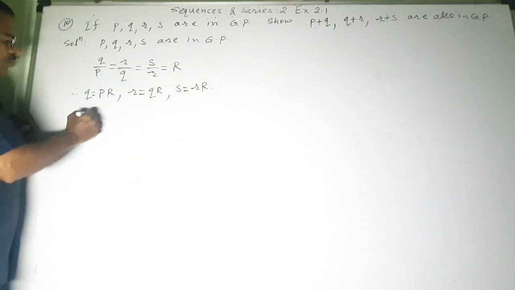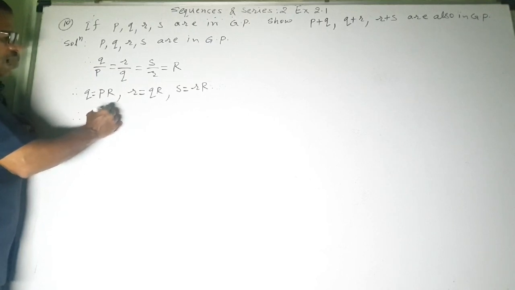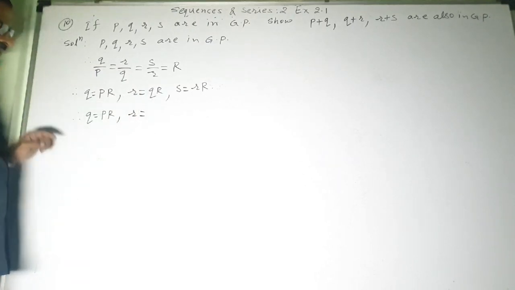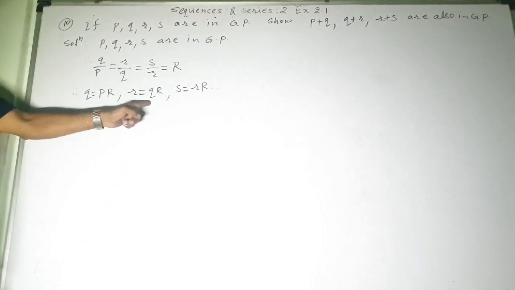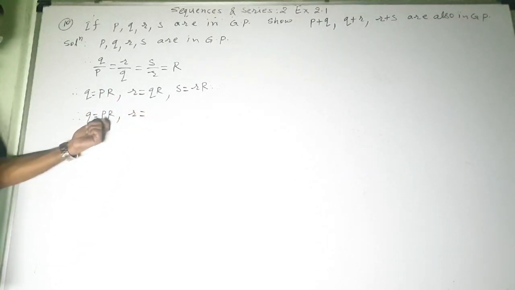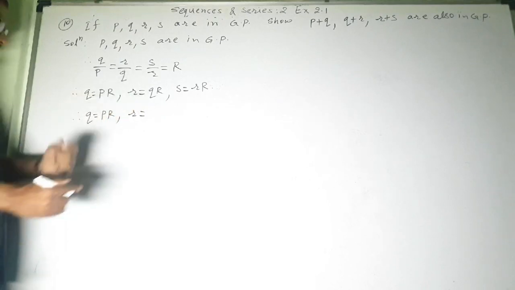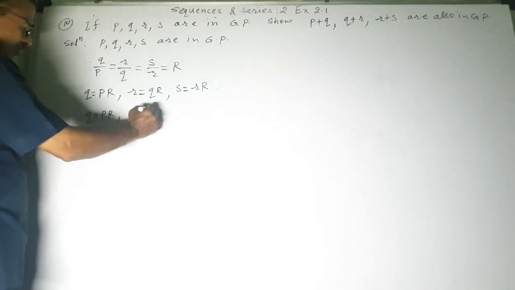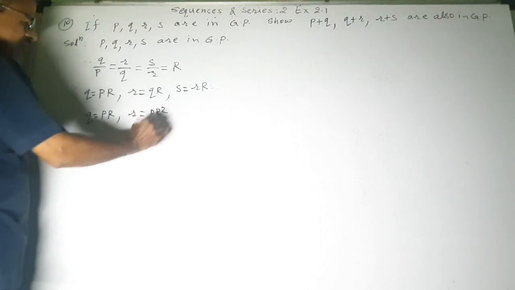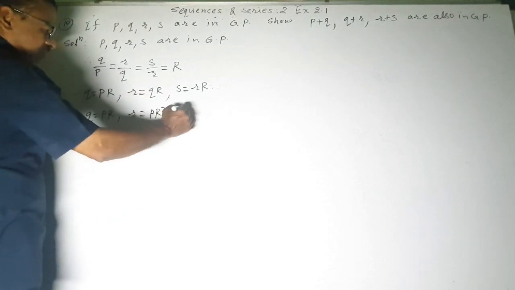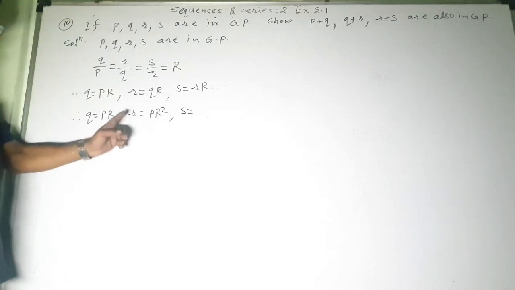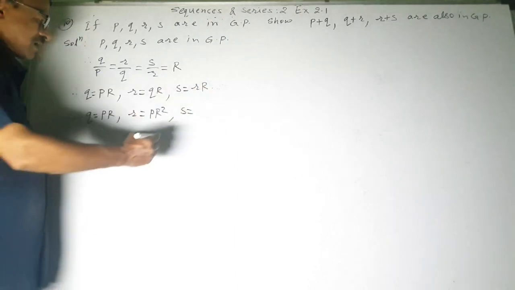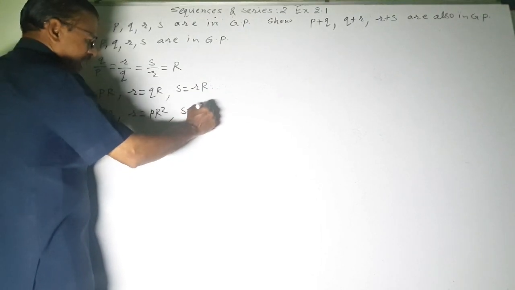Therefore, Q is equal to PR. R is equal to, at the place of Q, what is the value of Q? PR. So Q means PR and this R, so this will become PR square. S is equal to, R means PR square, this PR square into R, so this will become PR cube.